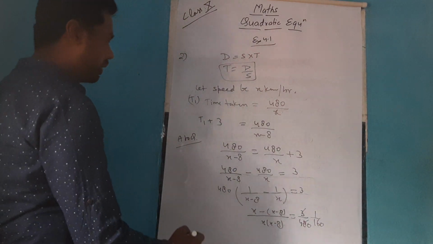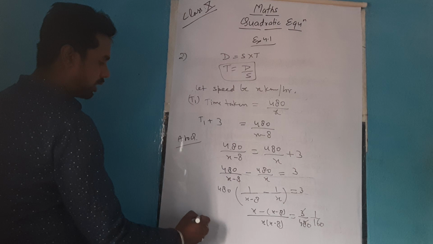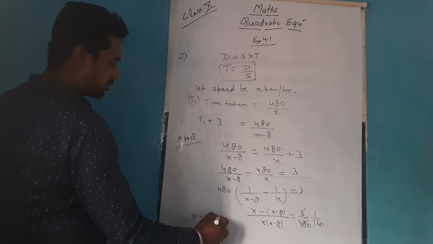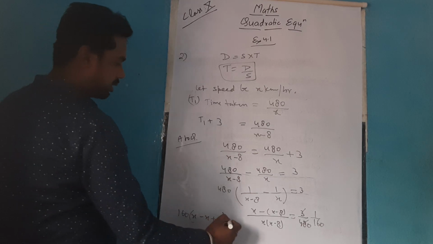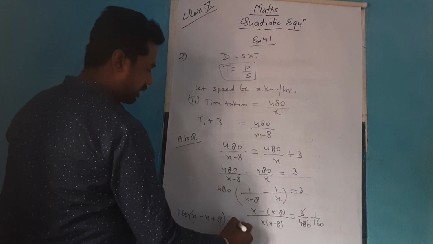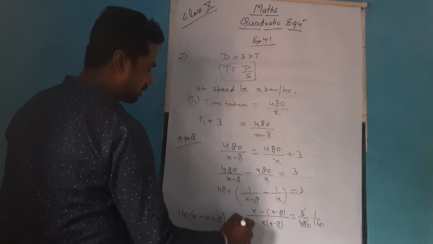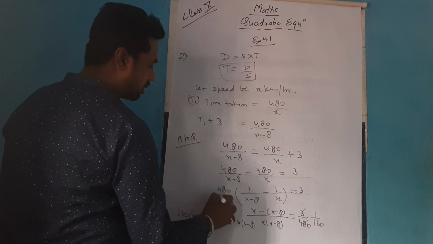Now we'll do the cross multiply. So x minus x plus 8 multiplied by 160, and x times x minus 8 on the right side.